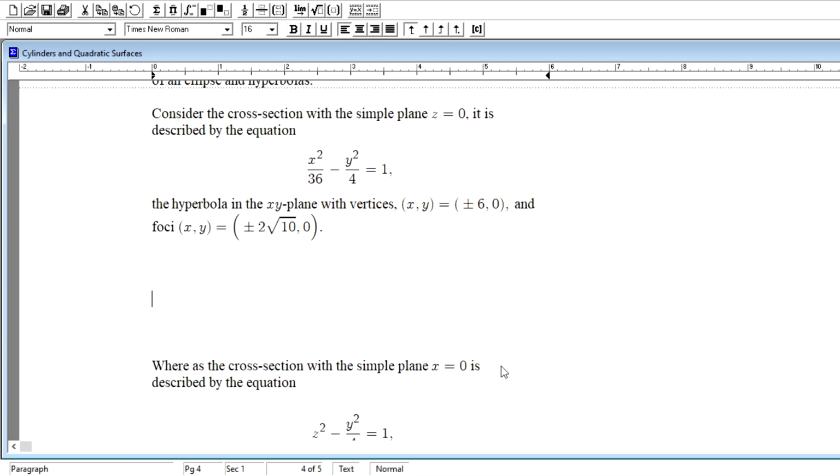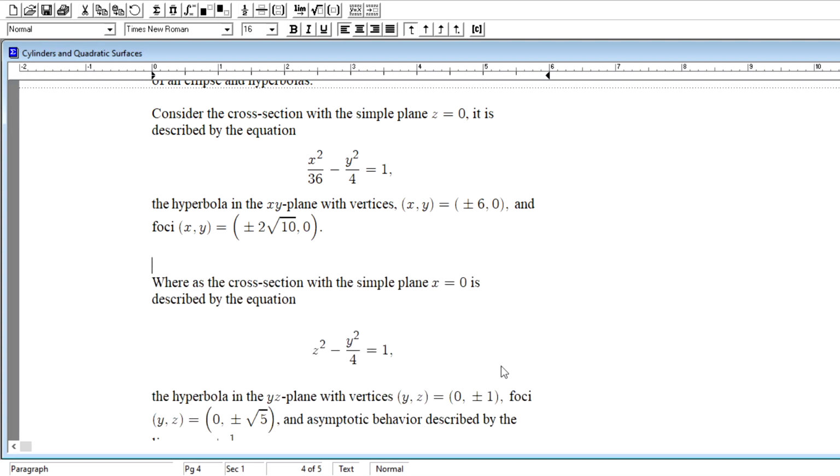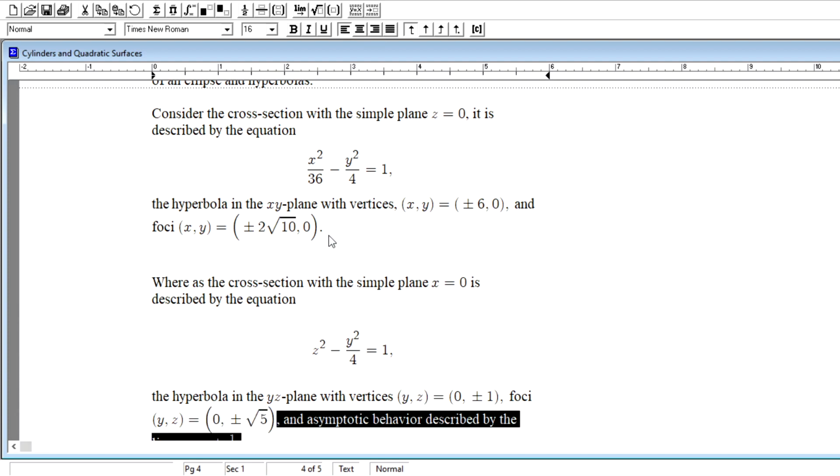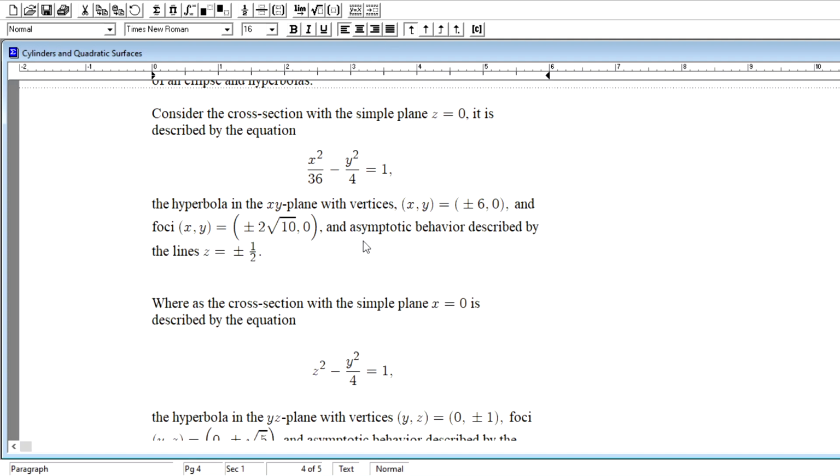If we were to look at, oh, and I forgot to mention the asymptotic behavior here. We might also say here an asymptotic behavior described by y equals... sorry about that, folks.